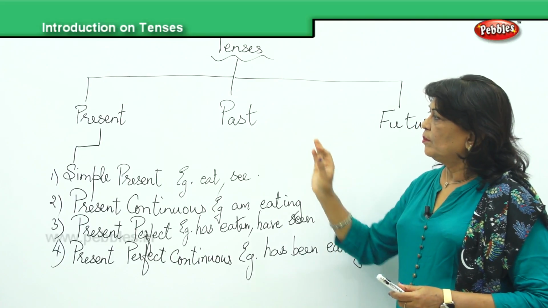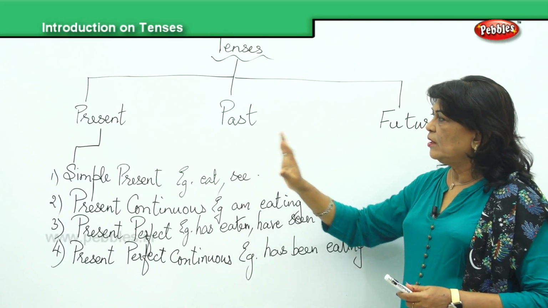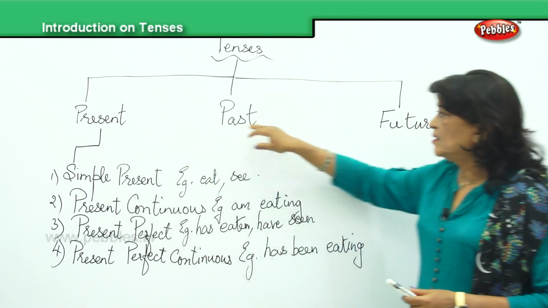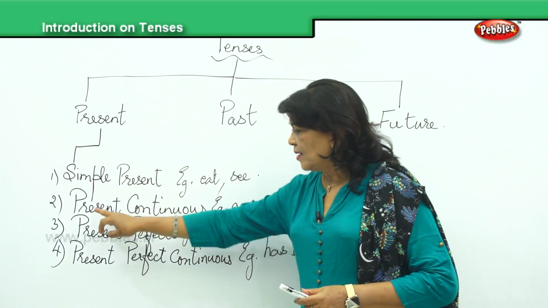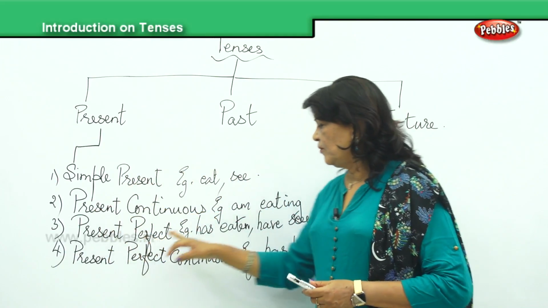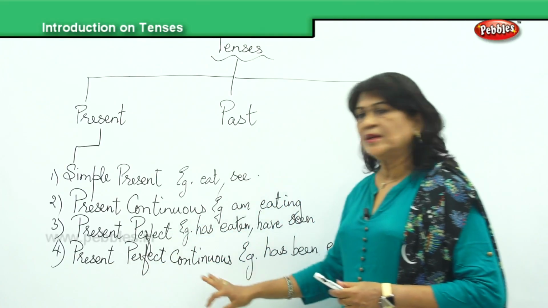Now, before we deal with the past tense, I just want to tell you, just like the present tense, past tense also has simple past, past continuous, past perfect tense, and past perfect continuous tense.